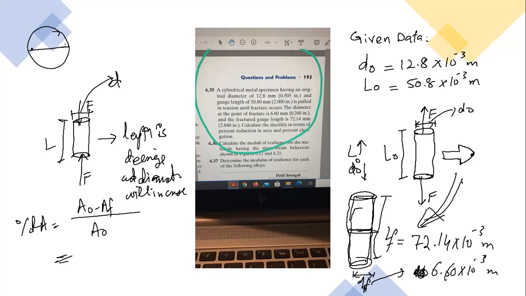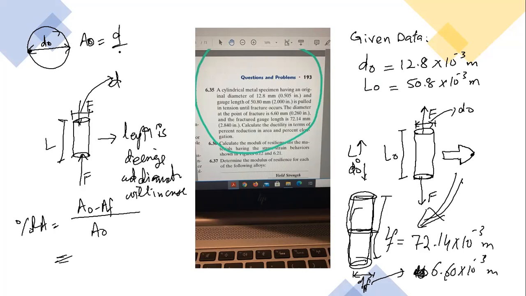First of all, understand what it is. This is my cylindrical specimen, and this is the diameter d naught. So what is the formula of circular cylinder area?